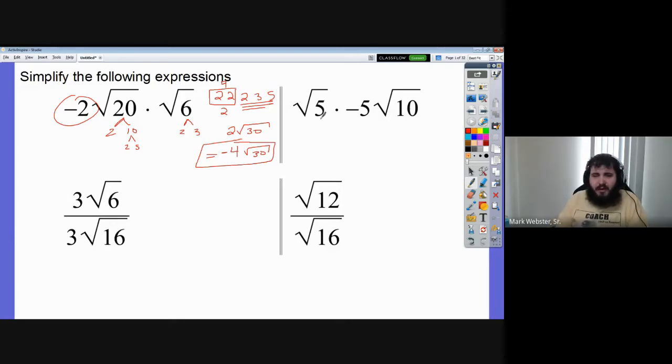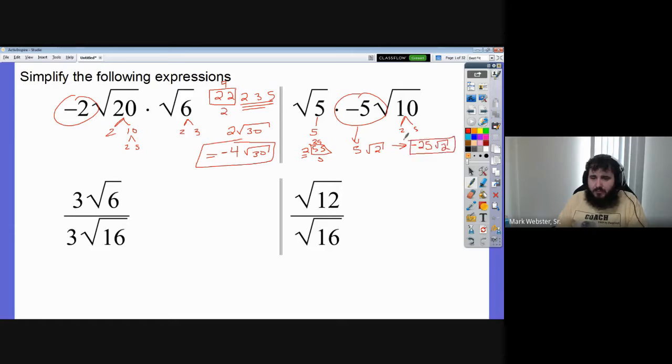We're going to do the same thing here. 5's already a prime number. We don't have to do anything there. 10. So if we look, we've got 2 single. 5's our perfect square pair, so the 5 comes on the outside, the 2 stays on the inside, and now we can bring out this -5, multiply it here, and our final answer, -25 radical 2.